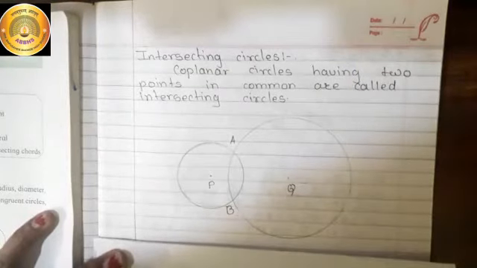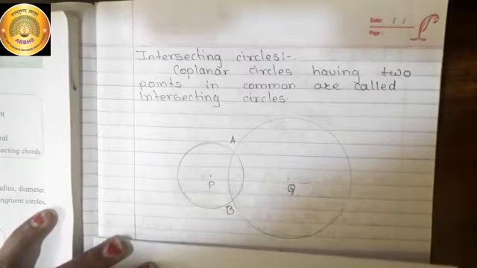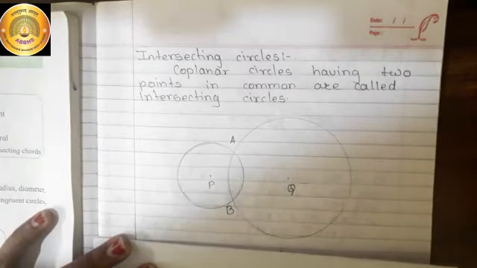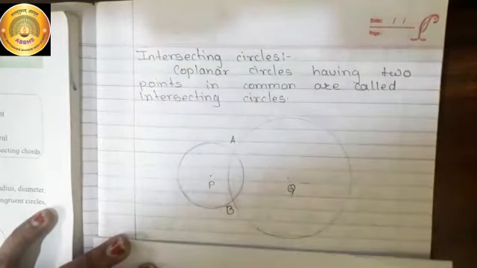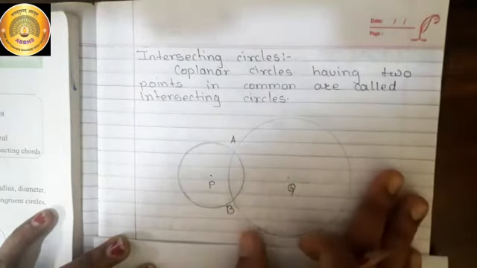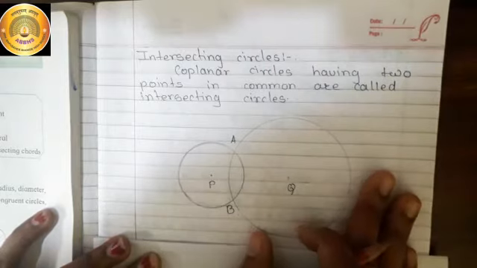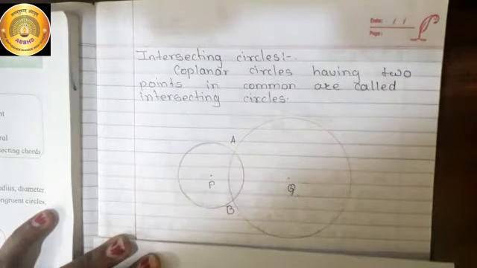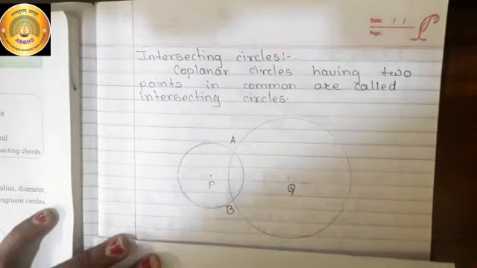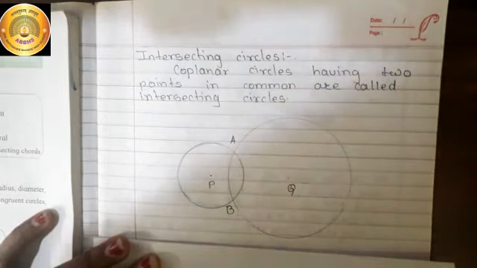Intersecting circles means coplanar circles. Coplanar means in the same plane. So this book page is one plane, and if circles are drawn on this one plane, those circles are called coplanar circles. Coplanar circles having 2 points in common are called intersecting circles.